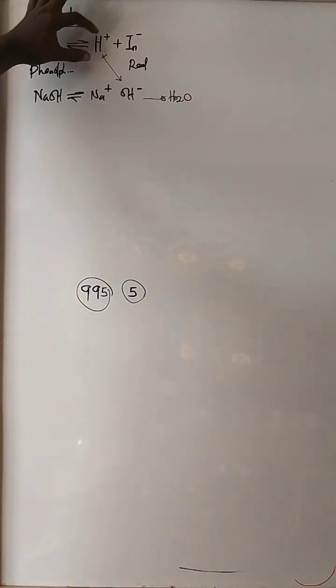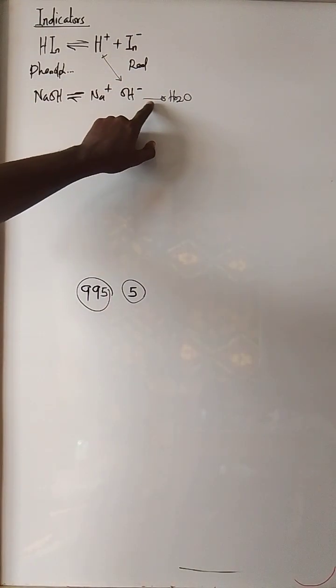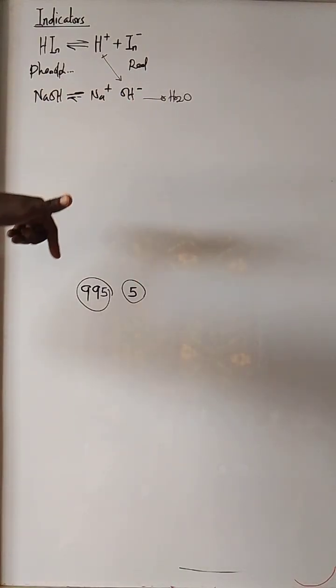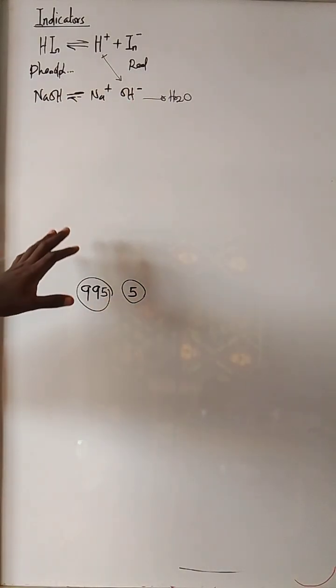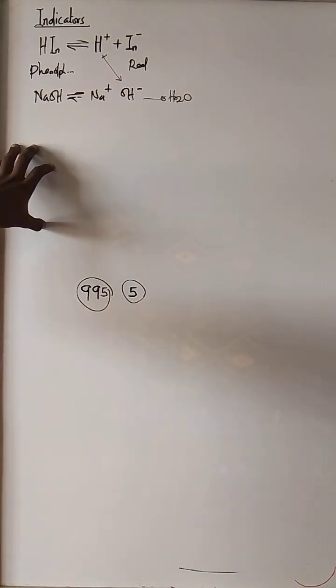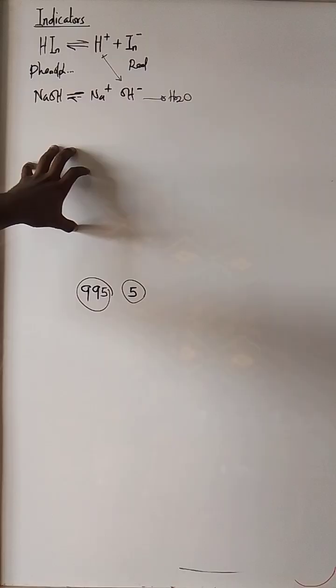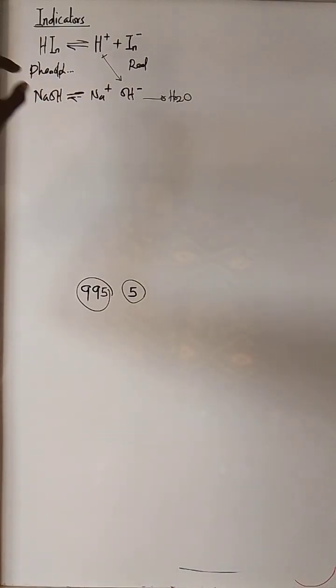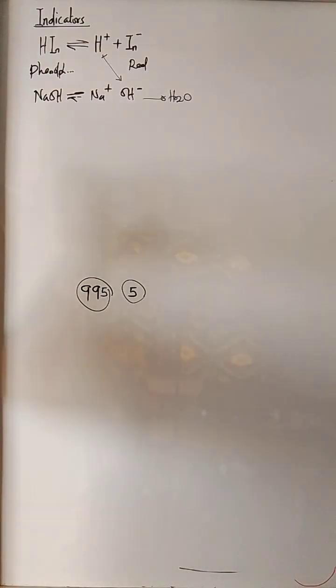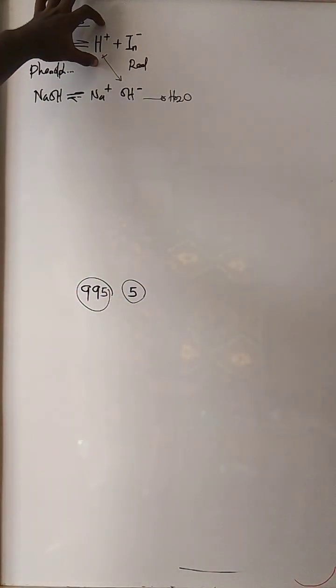But this time H plus is used up to produce water. Now we have something called Le Chatelier's principle under equilibrium. When a system is at equilibrium and one of the factors that keeps it at equilibrium is altered, then the equilibrium position will shift. Meaning, if you take H plus out, the position will shift to the right, meaning more H plus is going to be produced.